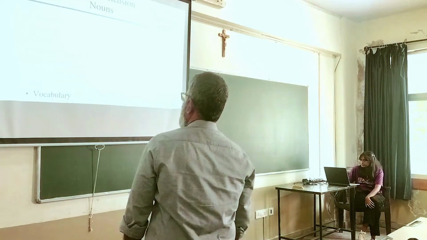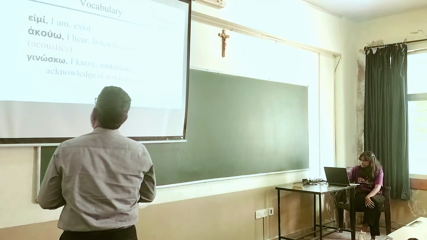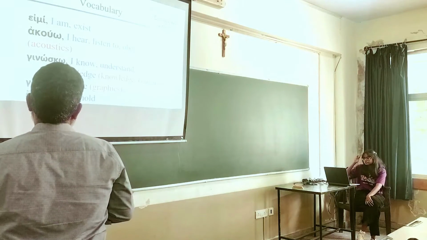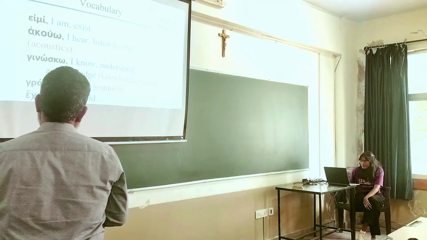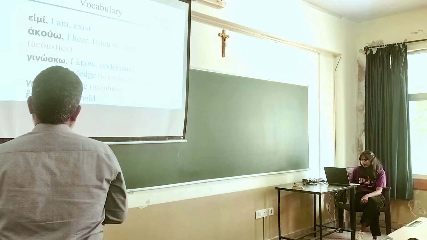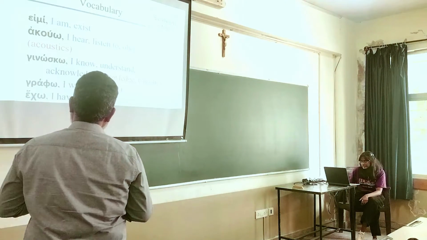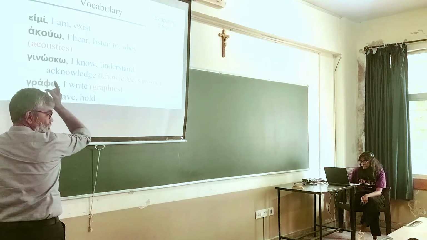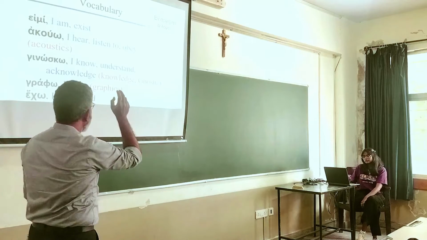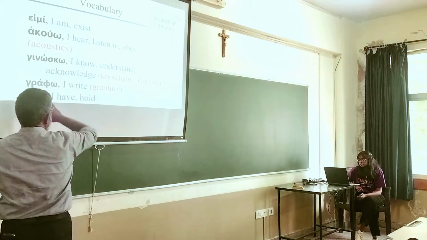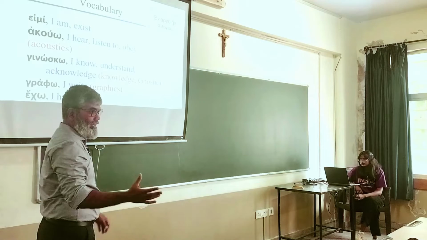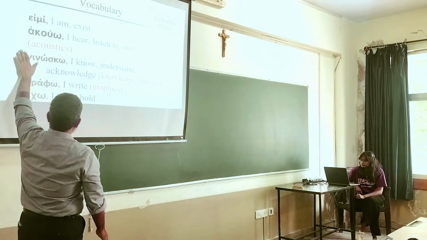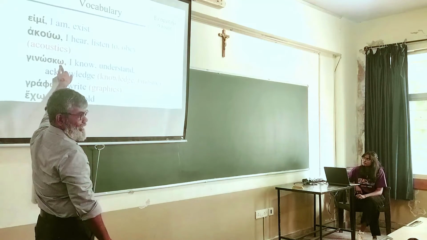That is parsing. Lastly, vocabulary. We are finishing here. Okay, so you have to memorize this by heart, especially the translation. Eimi is I am or I exist. Akouo is, now we are getting into verbs. How do you know a verb? Generally, a non-declined verb will have an omega ending.